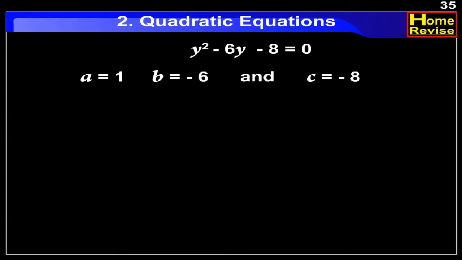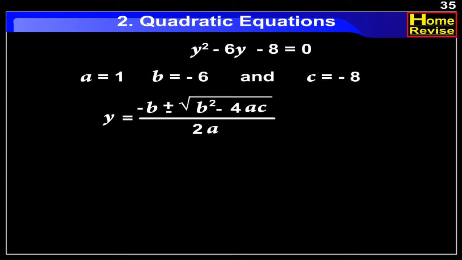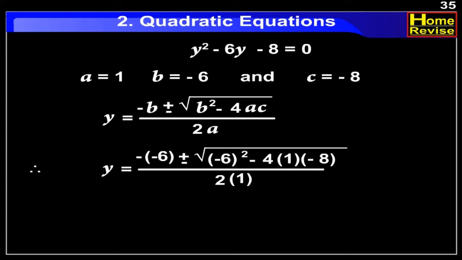By using the formula y is equal to minus b plus or minus under root b square minus 4ac upon 2a. Therefore, y is equal to minus (minus 6) plus or minus under root (minus 6) square minus 4 into 1 into minus 8 upon 2 into 1.